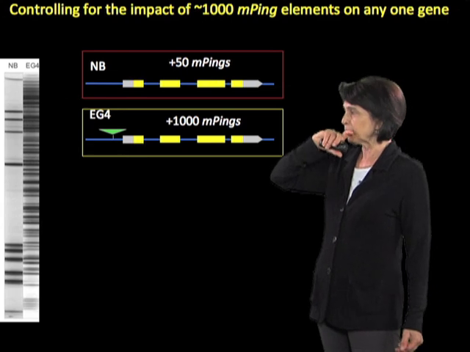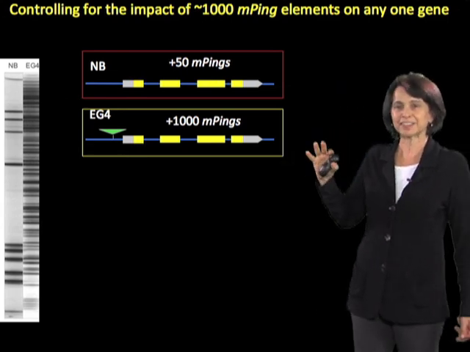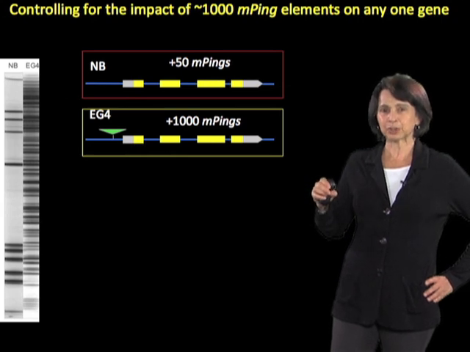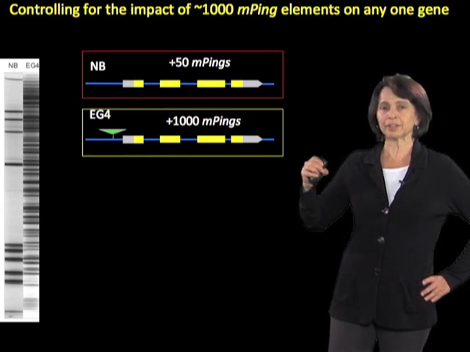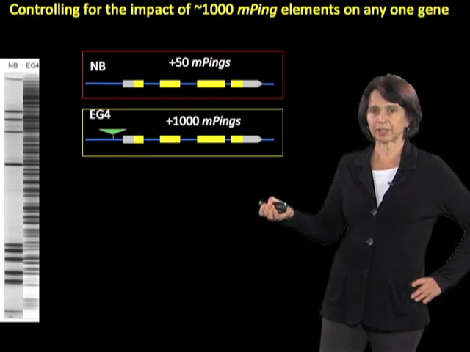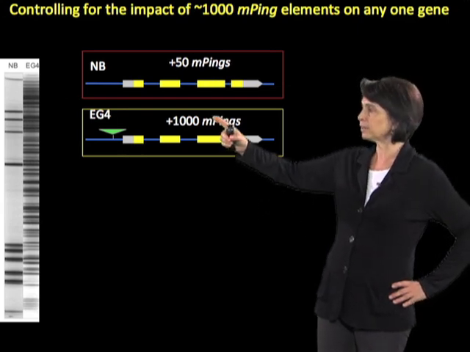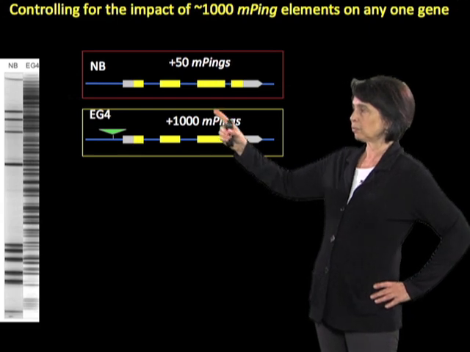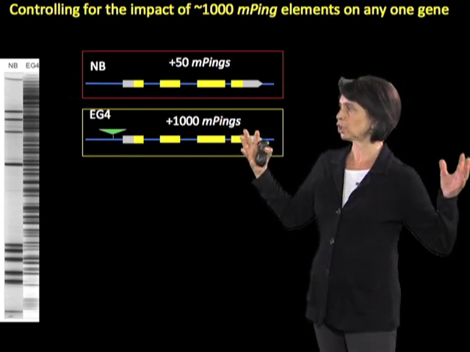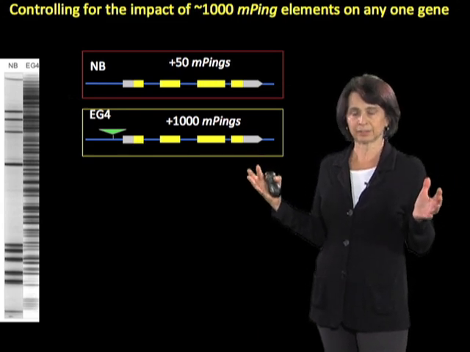Now, we have a problem, and I'll try to make this as simple as possible. There's another difference between Nippon-Bari alleles and EG4 alleles, besides the presence or absence of Emping. And that is that the allele in Nippon-Bari, which doesn't have the transposon in it, is in a genome that only has 50 Empings.